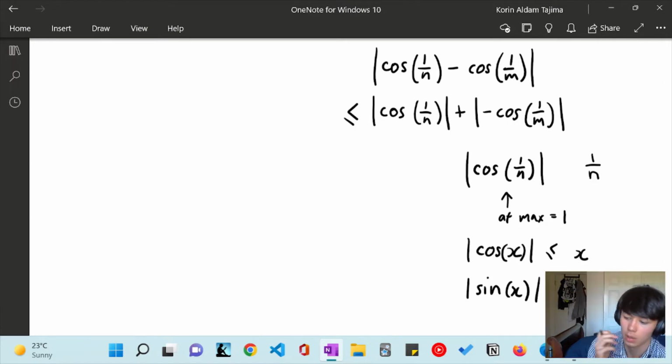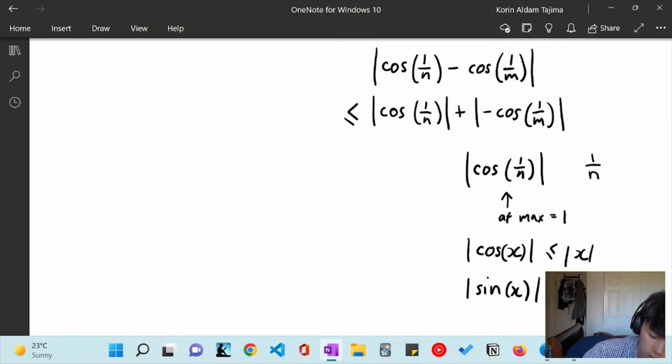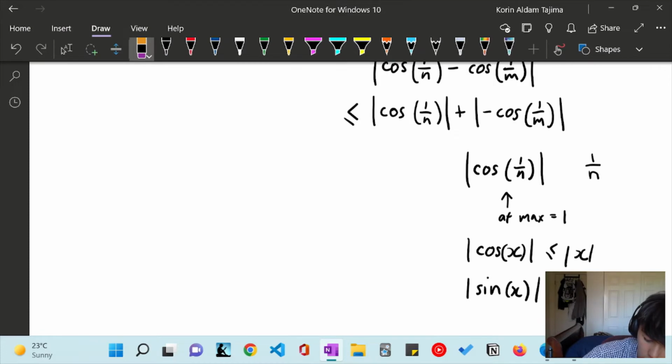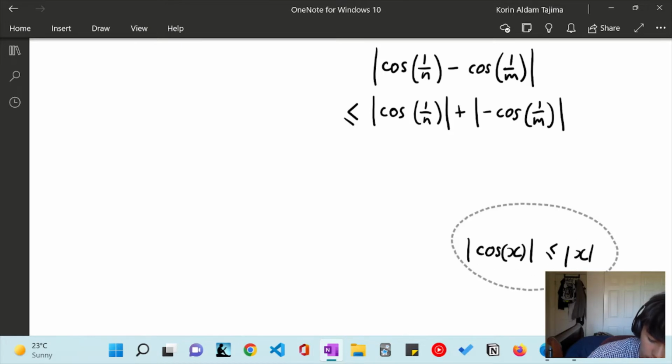Okay, I think that could work. Hold on, it's the absolute value of x. Yeah, so whatever holds for sine should also hold for cosine of x. So we're going to use this fact.